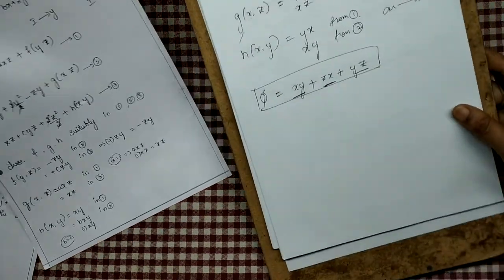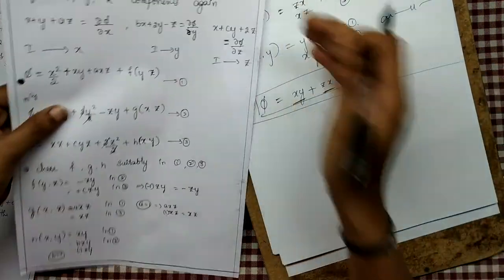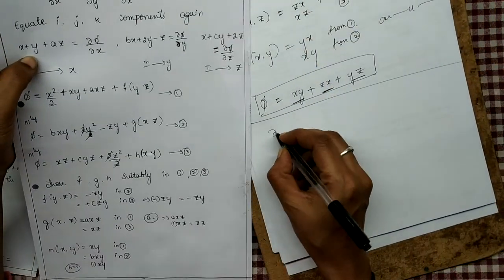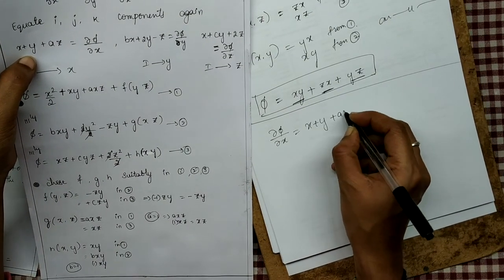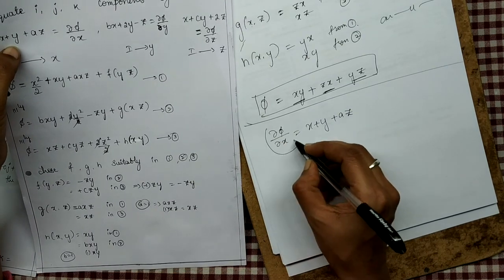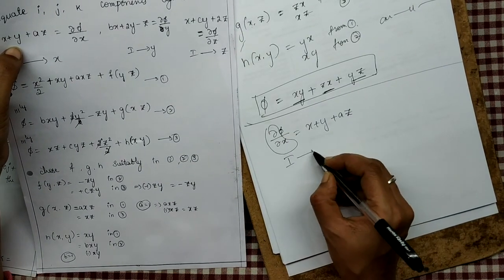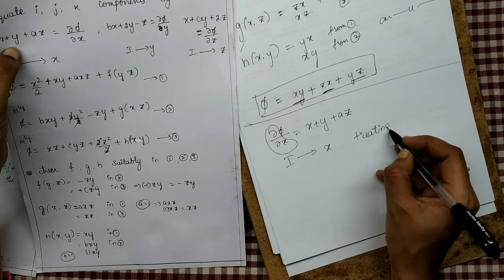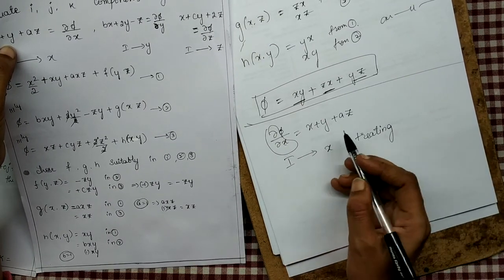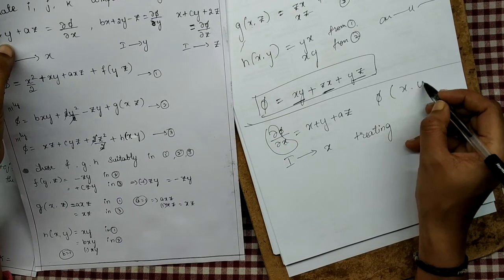Yes, see in this problem again, I have ∂φ/∂x is equal to x plus y plus az, isn't it? Now I have to eliminate this partial derivative so that I will integrate this with respect to x and treating the other variables constant. Which are the other variables? See, phi is a function of x, y, z.